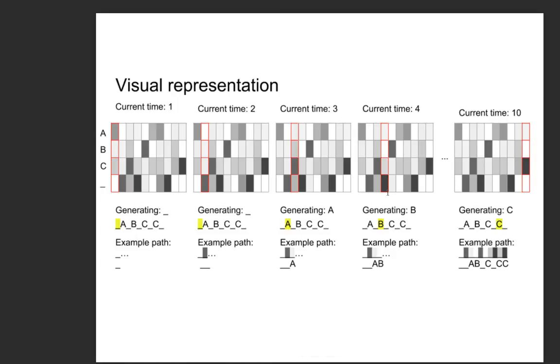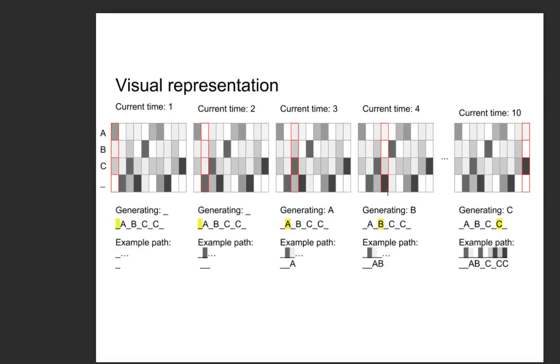This is a visual system that I generated to show how it works. If our output labeling is this ABCC with blanks put in everywhere, then initially we're in the blank state, and the network is supposedly creating blanks at this point in time. And we're allowed to stay in the blank state, and at this point in time we generated the blank with some probability.